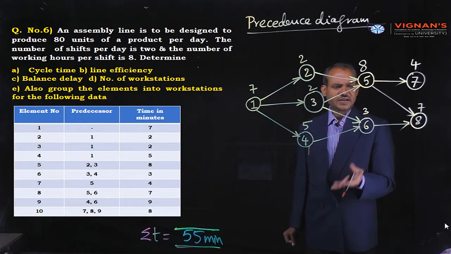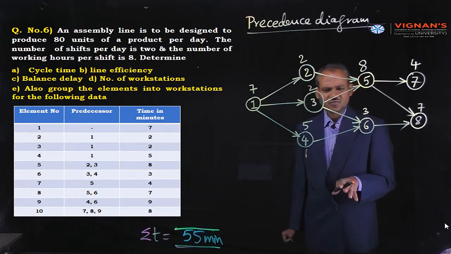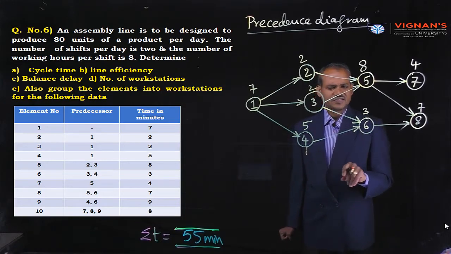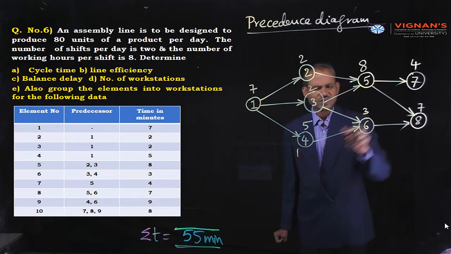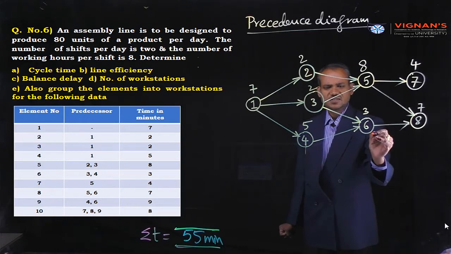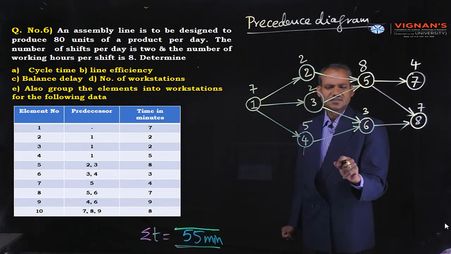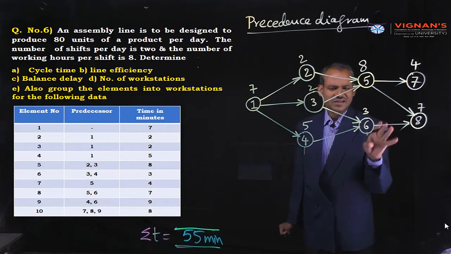Next element number 9. For work element number 9, what are the preceding elements? 4, 6. Where is 4? This is 4. This is 6. After completion of 4 and 6, work element number 9 we can start.